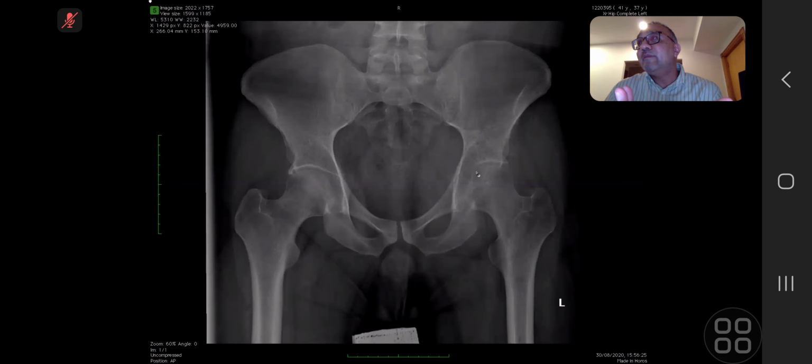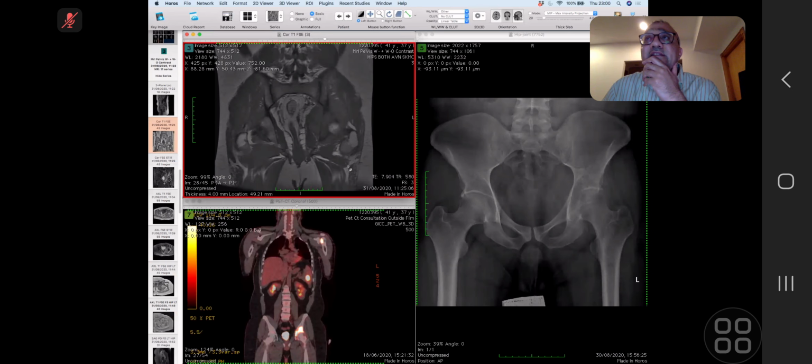Okay, with probably secondary involvement of the hip joint, and then the differential will be Ewing's or lymphoma. This was lymphoma. So lymphoma and Ewing's can look similar.